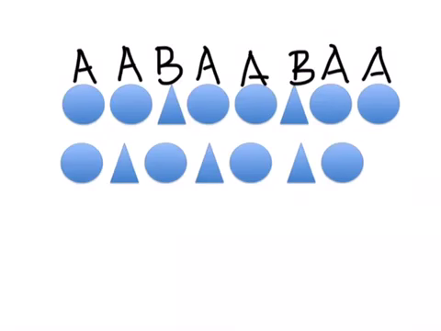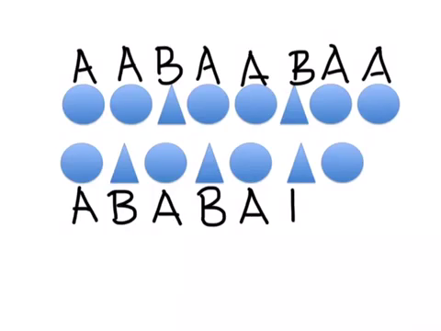Okay, let's look at our second one down here. Circle, triangle, circle, triangle, circle, triangle, circle. So let's make that a letter pattern. A, B. A, B. A, B. A. Okay, so using language to describe the differences here, we would say that the first pattern has an extra circle.